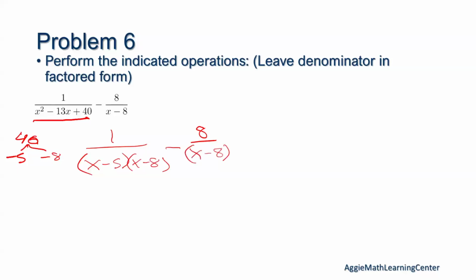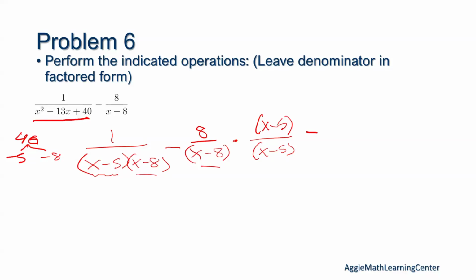So then you have this. Now we want to get the same thing. Noticing they both have the x minus 8, so I don't need to worry about that. But this one has the x minus 5 and this one doesn't. So I'm going to give this one of those. Because I did it on the bottom, I have to do it on top to keep the value the same, because then I'm just multiplying by 1 and it doesn't change the value.